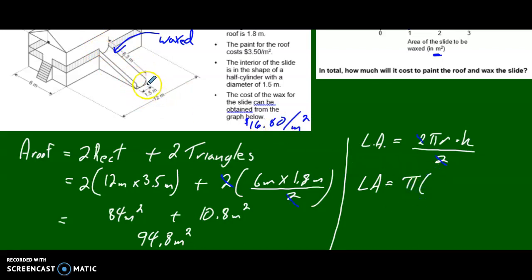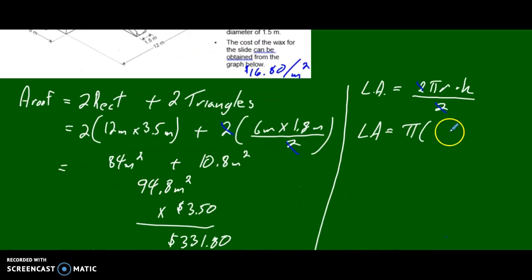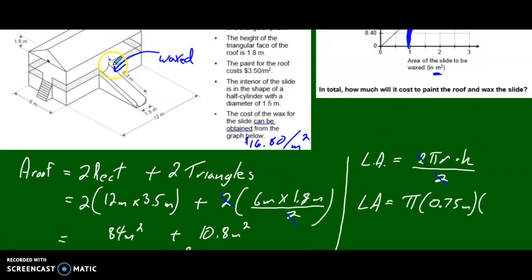What's the radius? Well, they tell me the diameter is 1.5. So that means the radius is half of that, which is 0.75 meters. And the length of it is 6.3 meters. So this is basically a rectangle that's been curved. You can think of it as length times width.